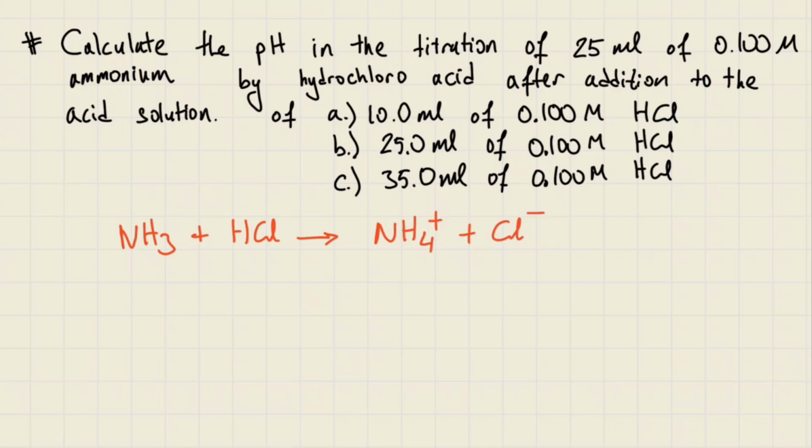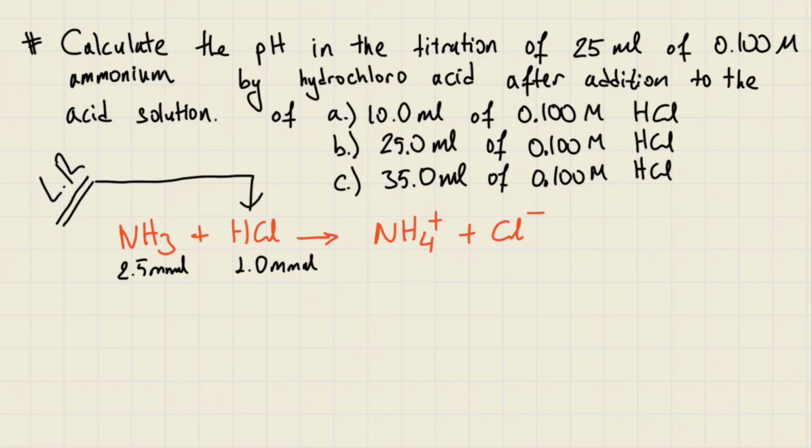So we can make millimoles. So 0.1 times 25, it is 2.5 millimole. HCl is 1 millimole, which is 10 times 0.1 molar, so that is 0.1 mole, then 1.0 millimole. So here HCl is the limiting reagent, so it will completely be gone.